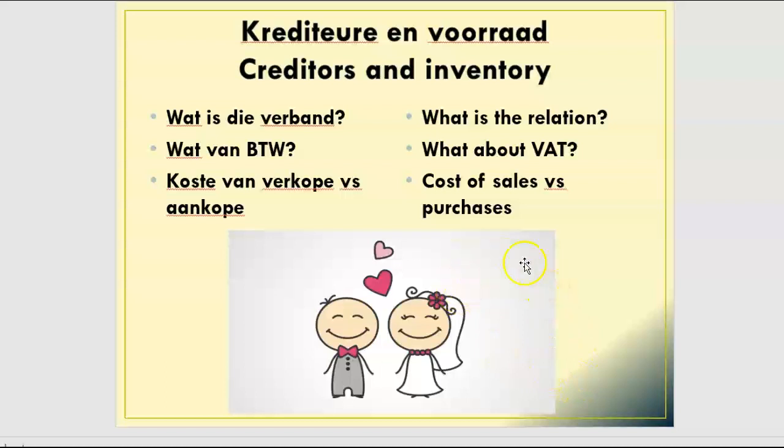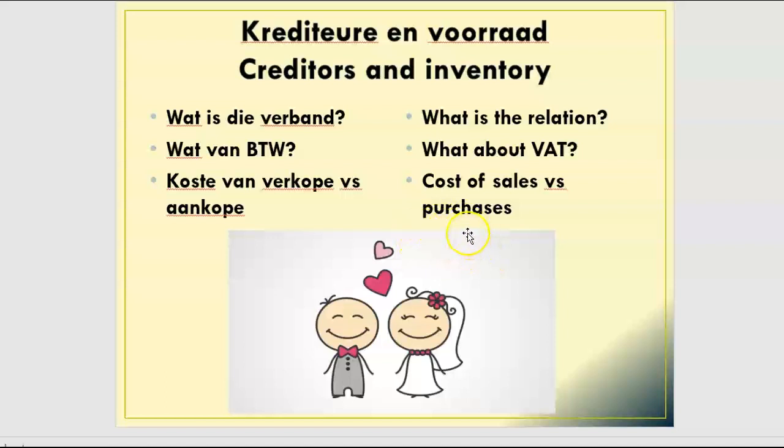The VAT will go to the VAT account, and then the VAT exclusive amount will go to either purchases or inventory. Now, in a world where we make use of allowance for settlement discounts, I'm not going to take the VAT exclusive amount either to inventory or purchases, but only the VAT exclusive amount net of the settlement discount percentage.